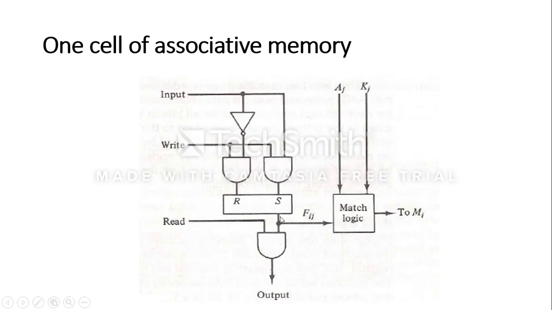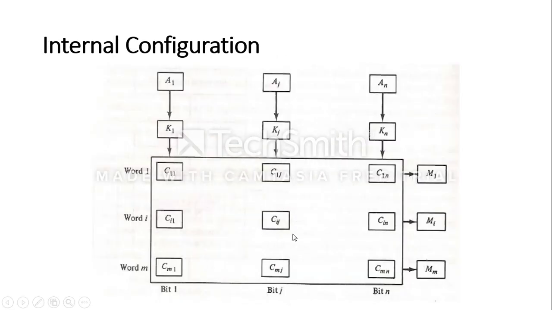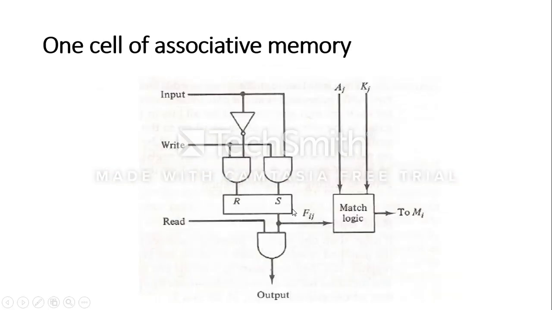So whatever is the value available in this flip-flop is given to this match logic. This match logic also requires the corresponding bit of the argument register, because the ultimate requirement of doing all this is to perform comparison. We want to compare the bits of the argument register with the bits available in the memory cells. As we are considering the construction of this particular cell Cij, I am considering the jth bit of the argument register, because i is the word number and j is the bit.